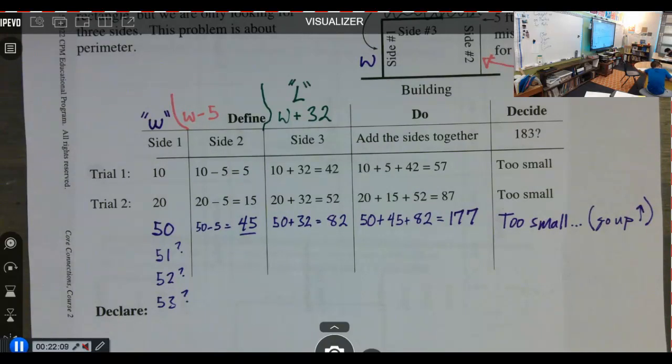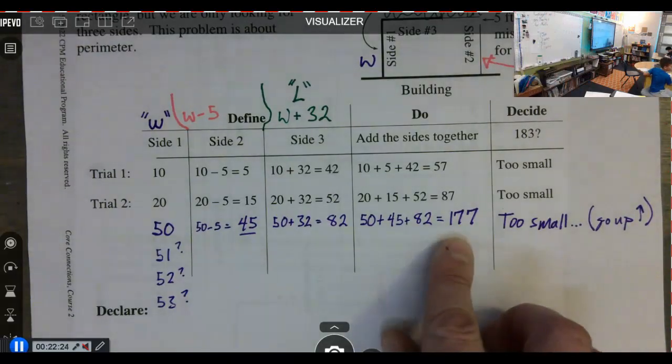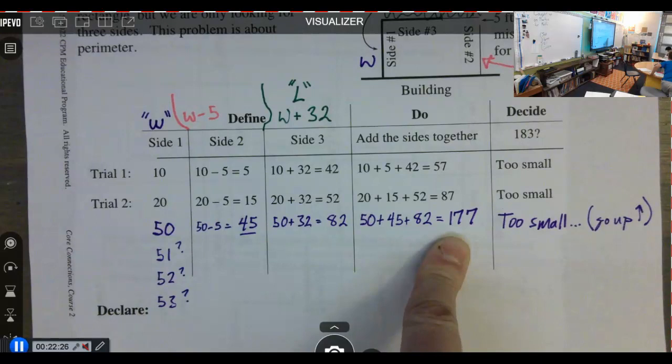I feel like that might have been too bold. I did 60. You did 60? What are you getting for your sum? I'm still trying to figure out the numbers I need to put in there. Remember, we're trying to use up 183 feet. We're really close. The 177 is pretty darn close.